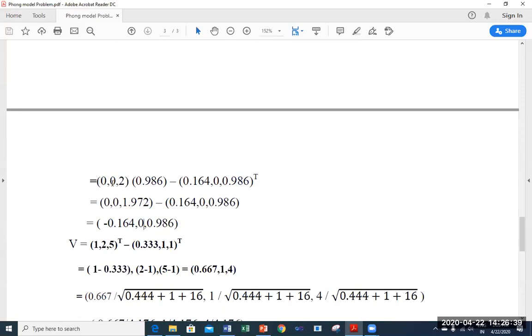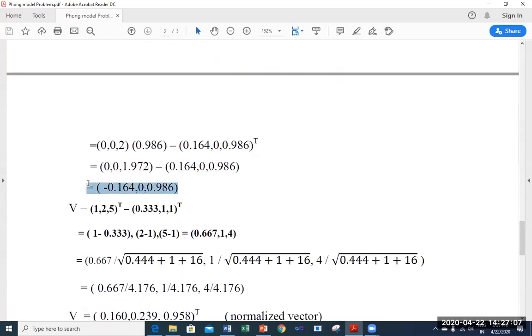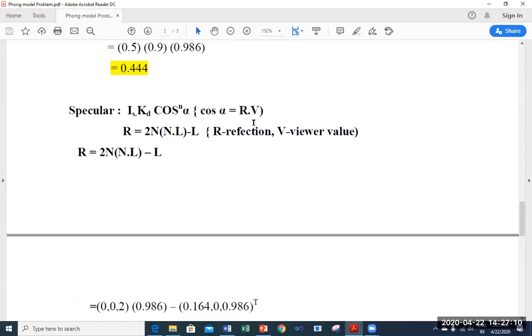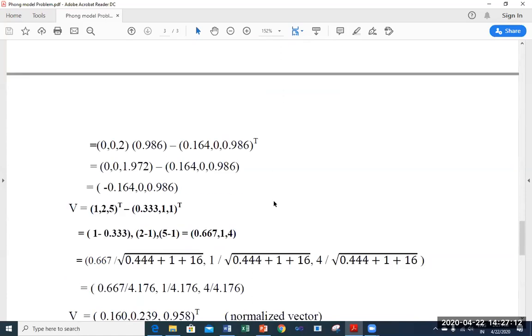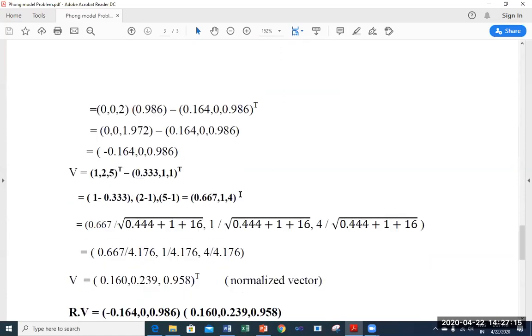Here 0, 0, 2 times 0.986 is going to be 1.972, minus your light value, where you will get 0 minus 0.164, and here 0, 0, then 1.972 minus 0.986. So this is your R value, right? Next you have to calculate the viewer value. Again, how will you calculate the viewer value?